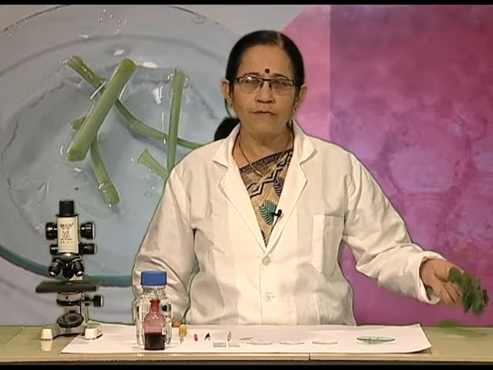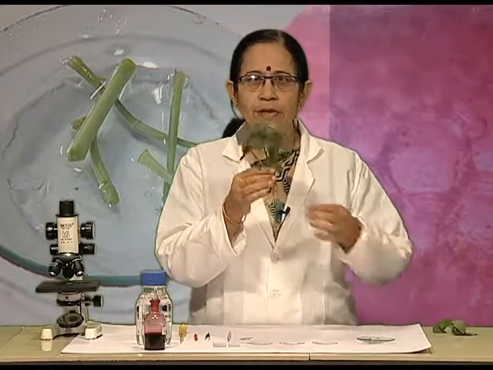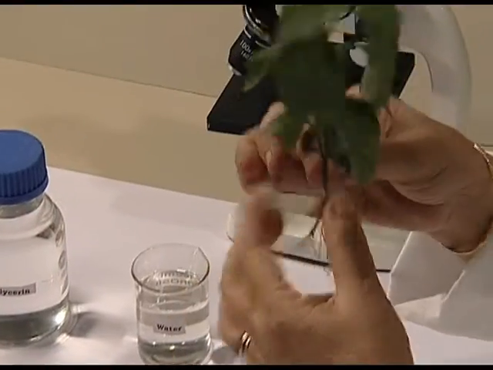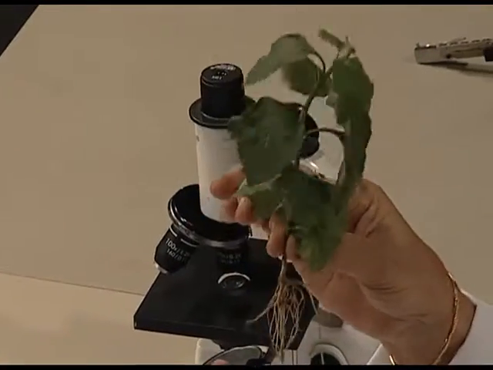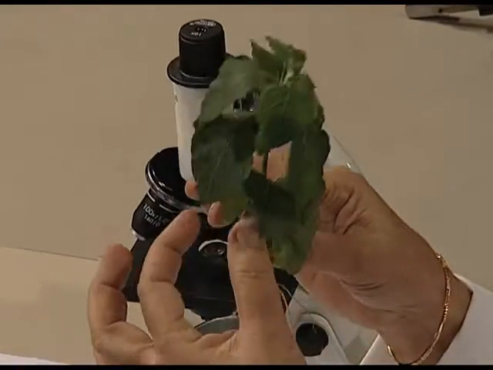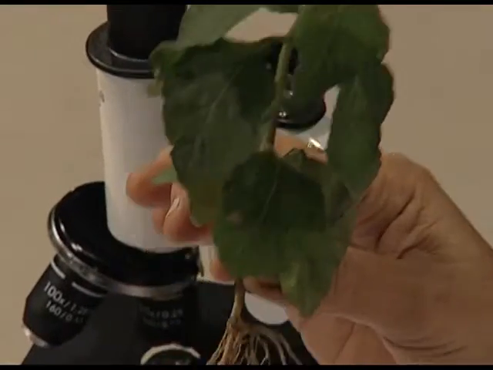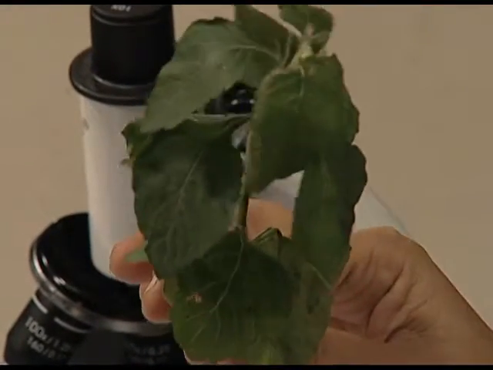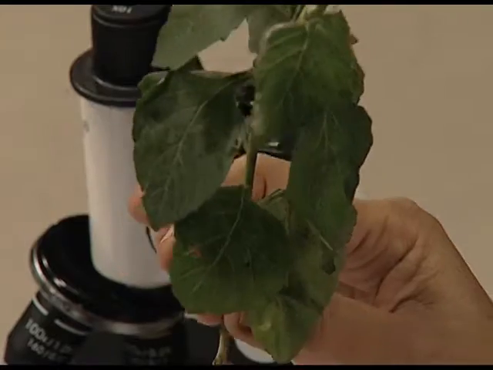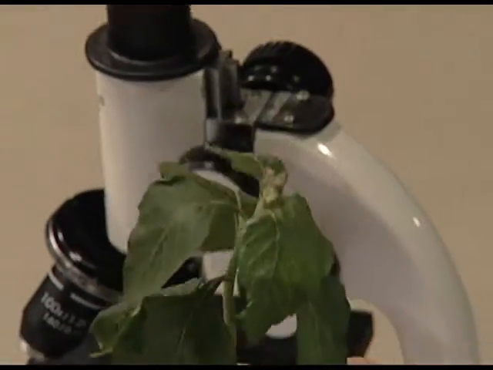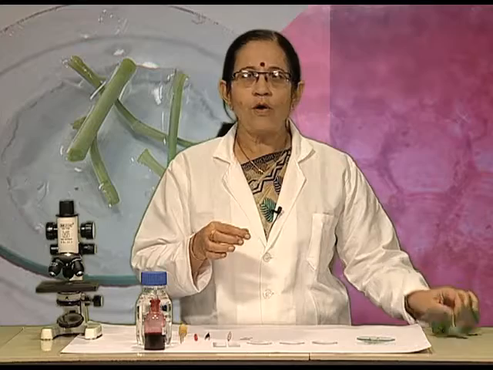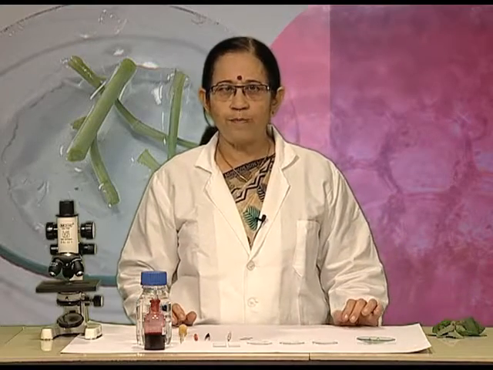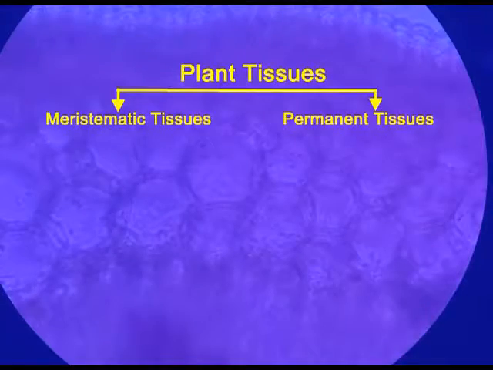Now, observe this plant. This plant is having roots, stem and leaves. Each of these organs of this plant is made up of tissues, and plant tissues are mainly of two types: meristematic tissues, dividing cells, and permanent tissues of non-dividing cells.